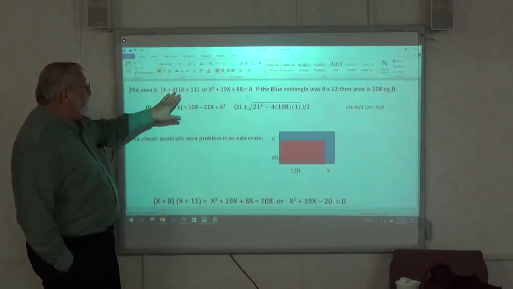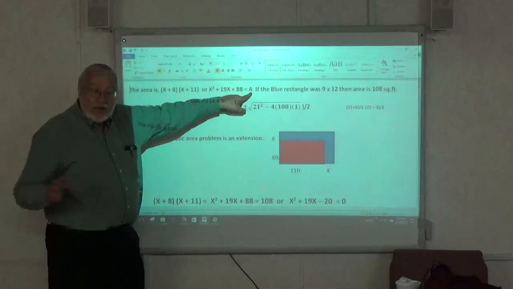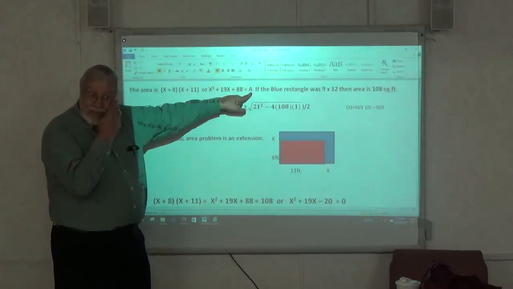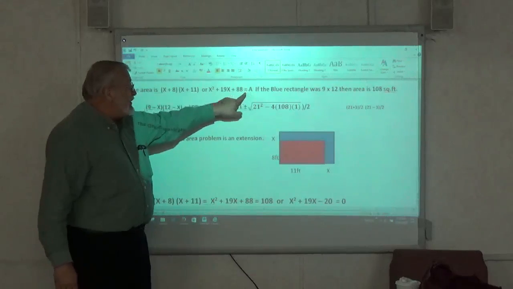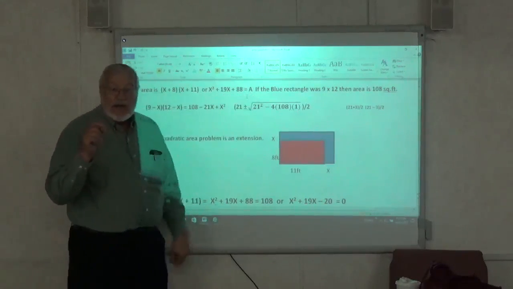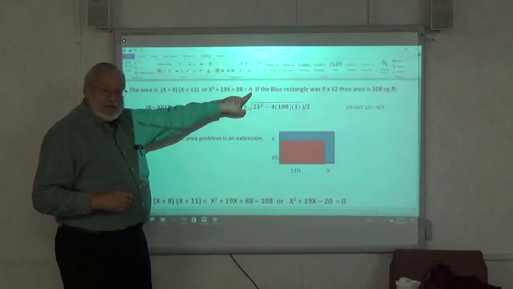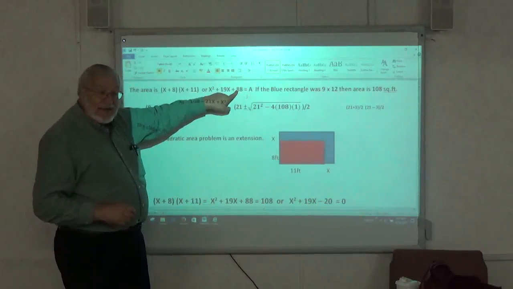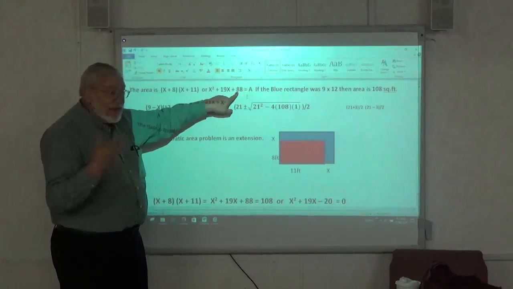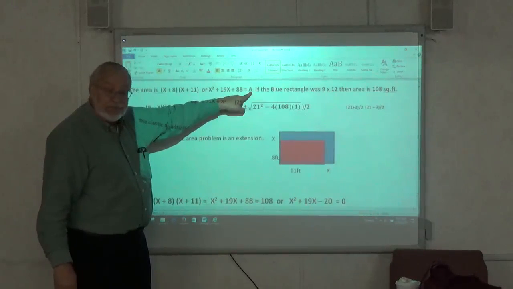Now, what they have to give you is the area of the new rectangle. And in a quadratic equation, the right side is 0, so I'm going to have to take this value and subtract it from the 88, and it could be positive or negative depending on how big the new rectangle's area is.